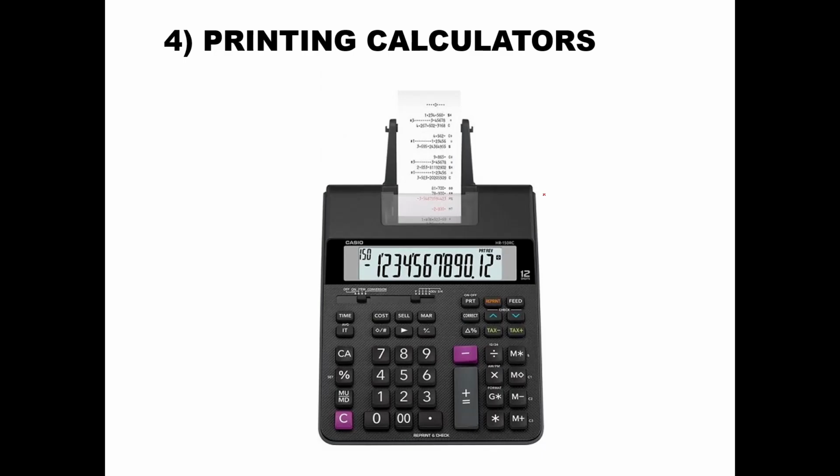Then we will have something called printing calculators, where you can get a mini printout at the output of the calculator of whatever task you perform on the calculator. So these were some of the types of calculators. Many other types are also there, but a few we have taken here.